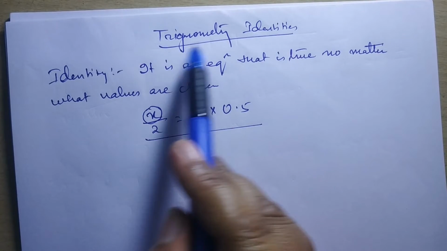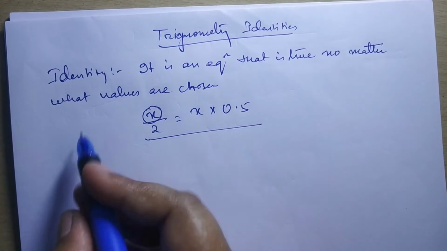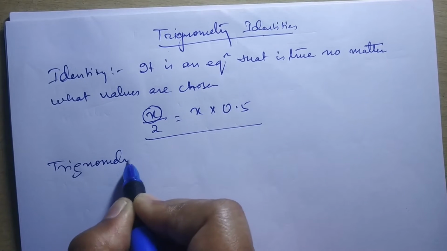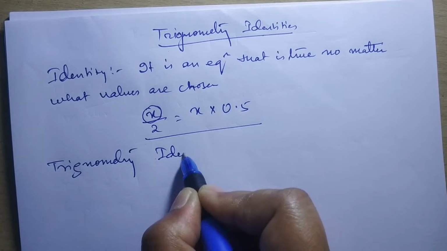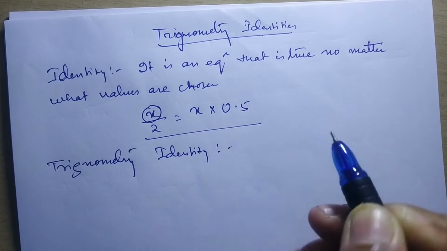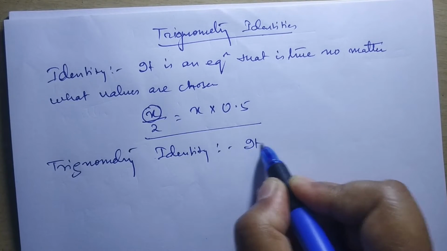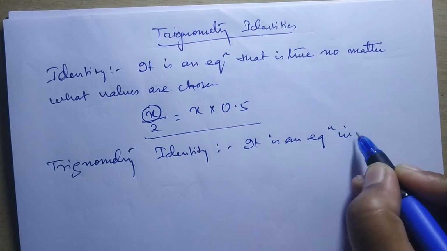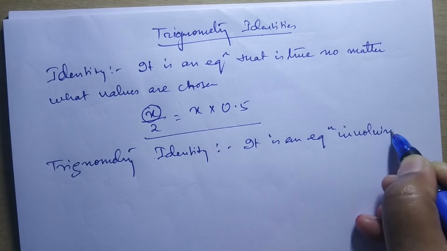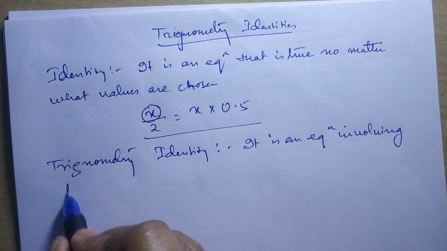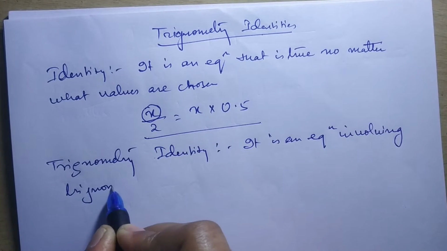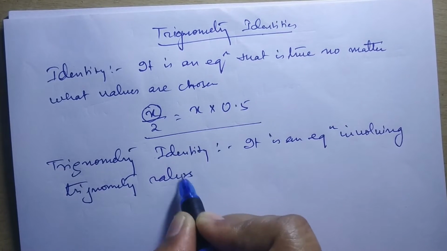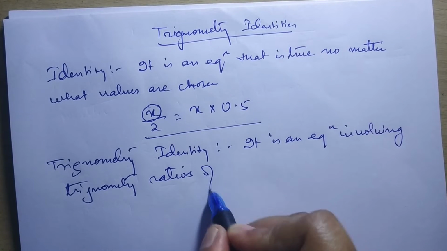Now we are dealing with trigonometry identities. So what is a trigonometry identity? How do you define it? Again, it is an equation involving trigonometry ratios of an angle.